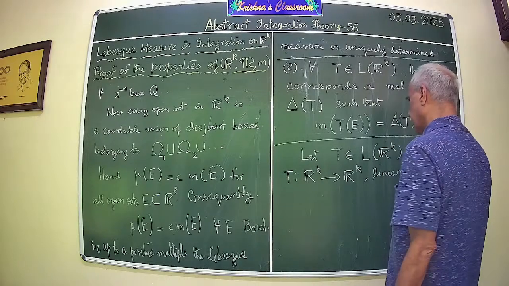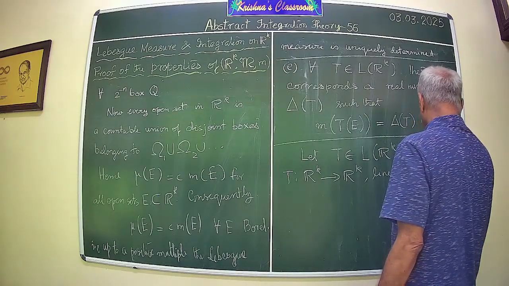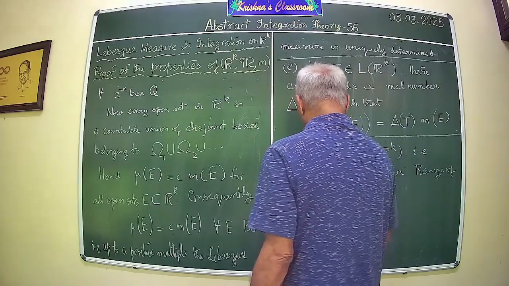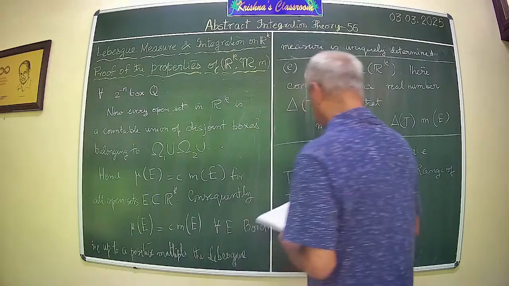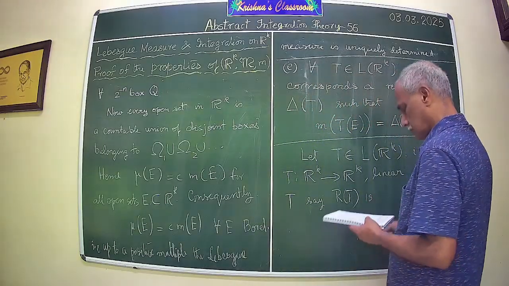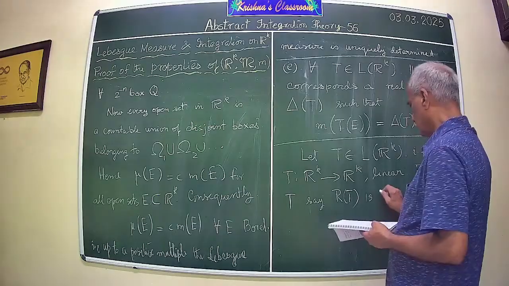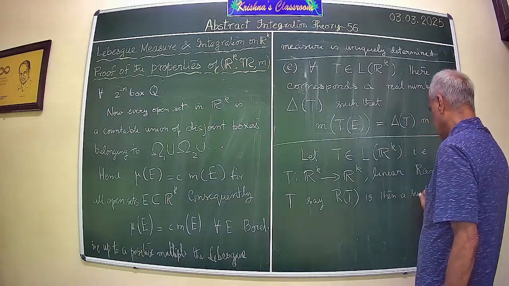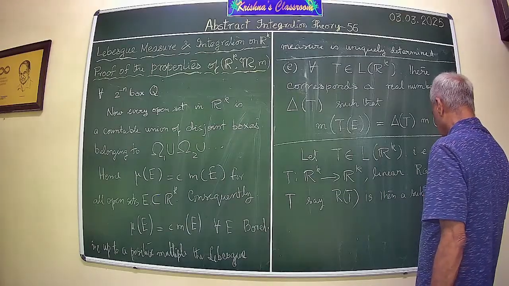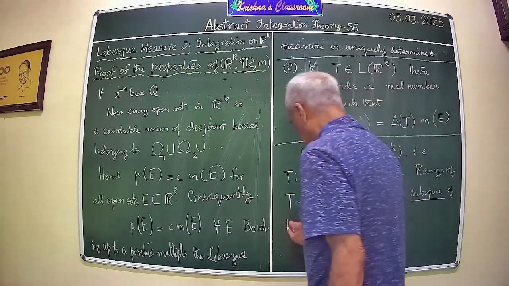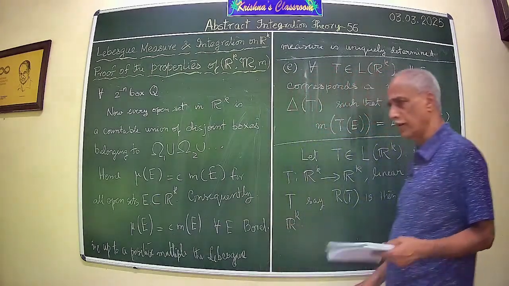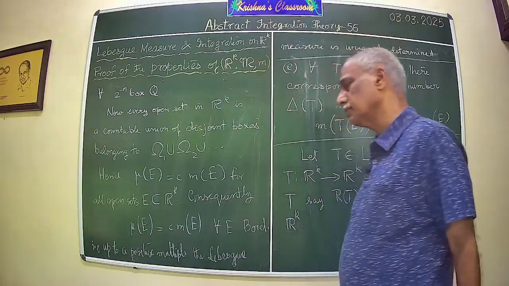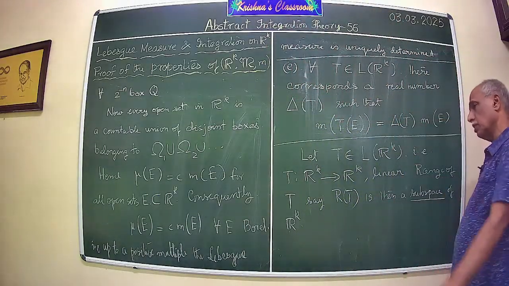Then we know that for any T, the range of T is not just a set but a subspace. It need not be the whole of Rk. For instance, if you take projection along one of the coordinate axes, then it's going to get projected to a lower dimensional space.